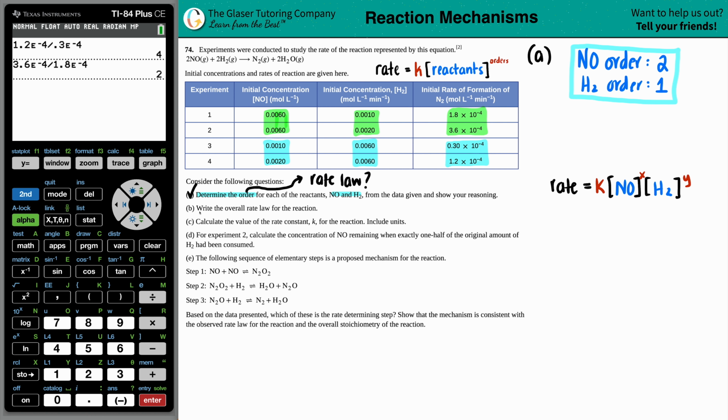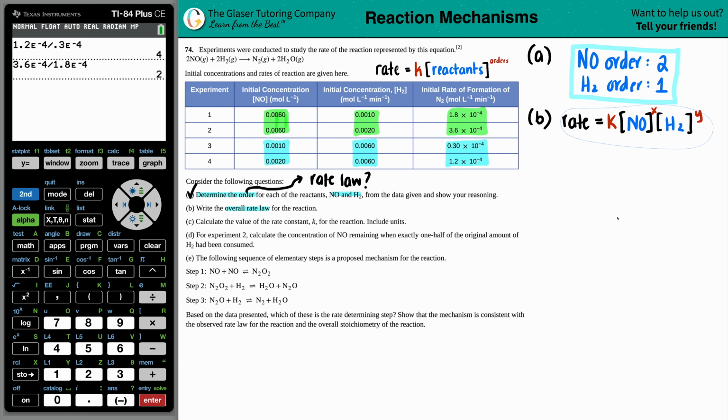Letter B, what is the overall rate law for this reaction? Well, this one will be quick because we have now the generalized rate law. We found out the orders. So all we have to do is just plug in the orders that we said, right? And we said that NO was second order. So I'm going to just raise the NO to the number 2.